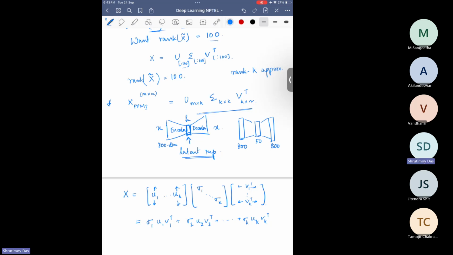That means this 50 dimensional vector should be able to represent the vector x. Earlier x was in 800 dimensions, now it should be able to represent this in the 50 dimensional space as well.